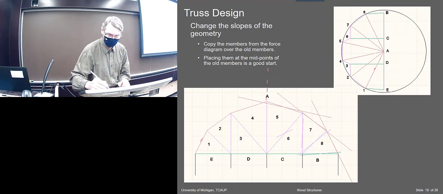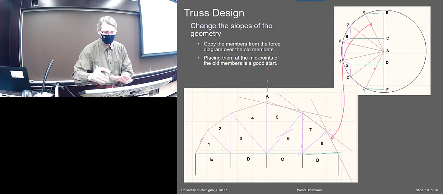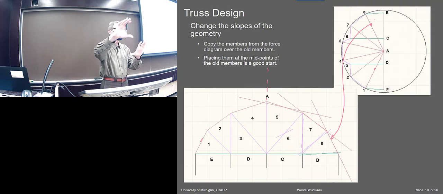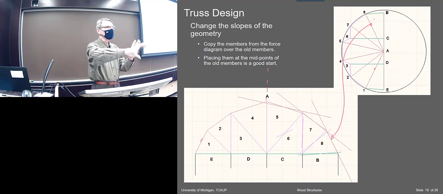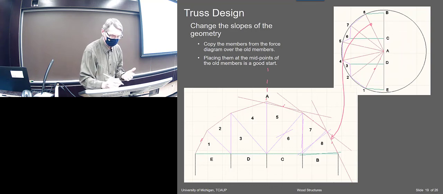Okay, so I took this side, A8. Here I copied down to there, right? So I just literally copied it from the diagram and pasted it onto the original truss. And initially I just pasted them all at the center points, right?